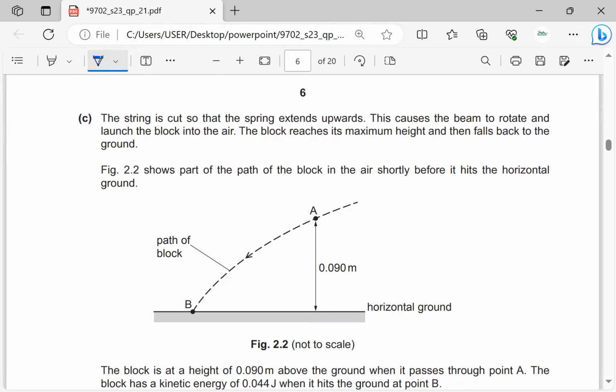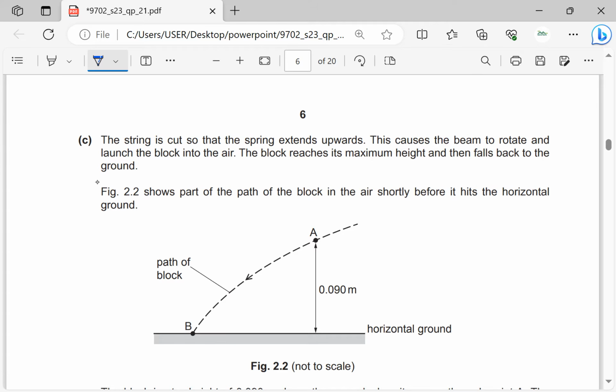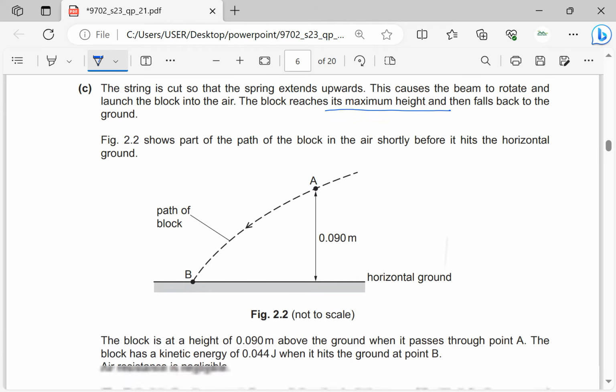The string is cut so that the spring extends upwards. This causes the beam to rotate and launch the block into the air. The block reaches its maximum height and then falls back to the ground. The figure shows part of the motion of the block in the air shortly before it hits the horizontal ground.